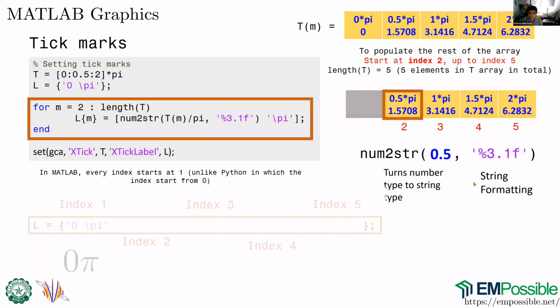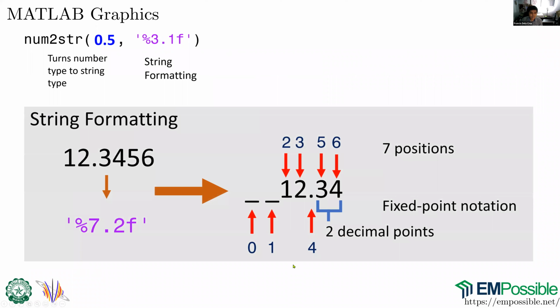How does it work? This string formatting is the same as if you are familiar with C programming; they're just using the same string formatting. So for example, you have a number 12.3456, and let's say you want to format this as 7.2f. What does 7.2f mean? 7 means 7 positions available for the entire string together with the decimal point.